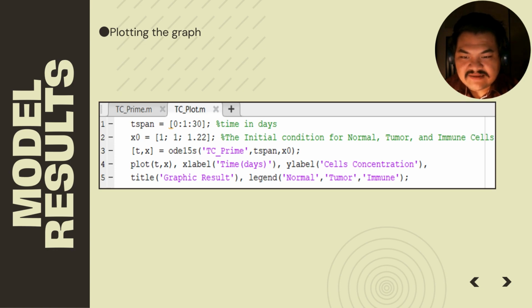And then we code in the function to solve the ODE using ode15s, and then we plot the resulting graph with x for time, which is in days, and also the y label for the cell concentration. Then we have the legend for the three equations, which is for normal, tumor, and immune cell concentrations.